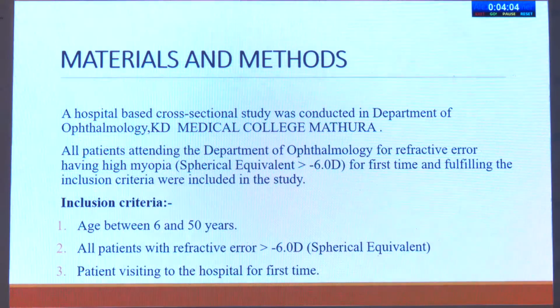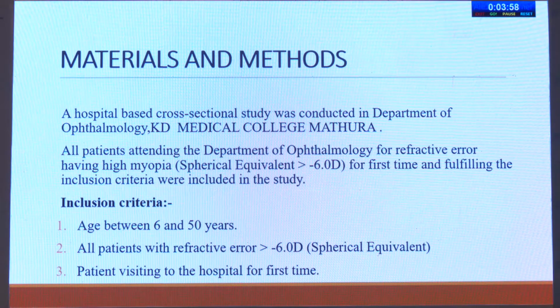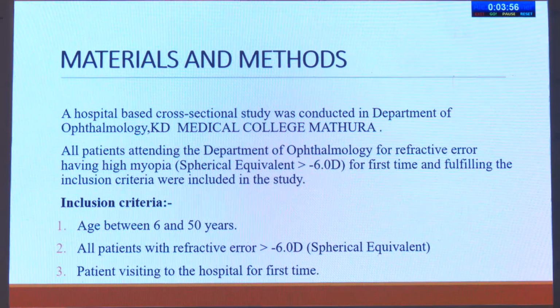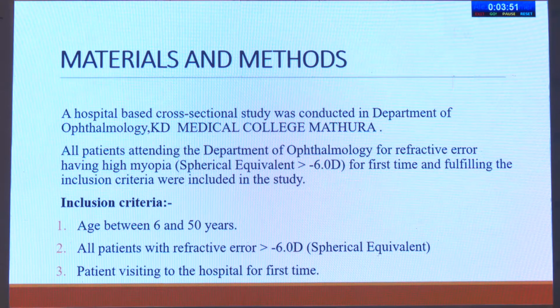Material and methods: the study was mainly done in KD Medical College in Mathura. Inclusion criteria: the age is between 6 years and 50 years, all patients with refractive error of more than -6 diopter spherical equivalent, and patients visiting the hospital for the first time.